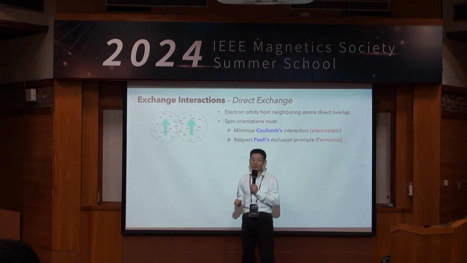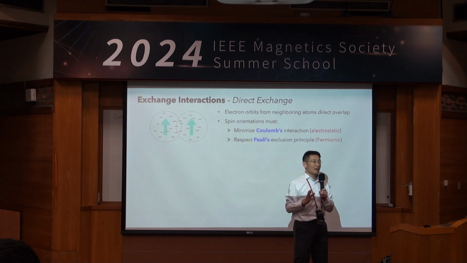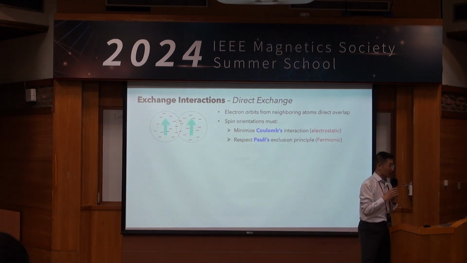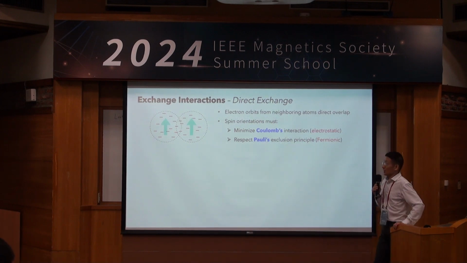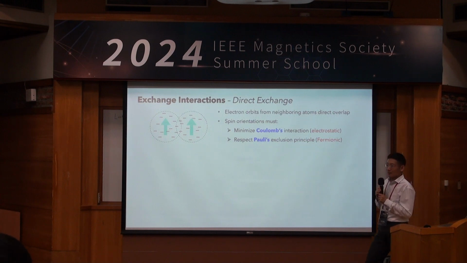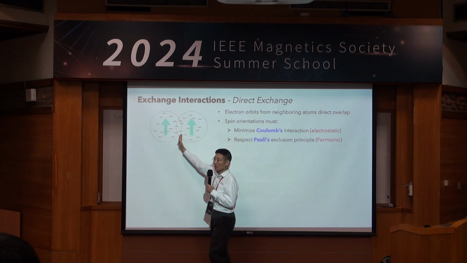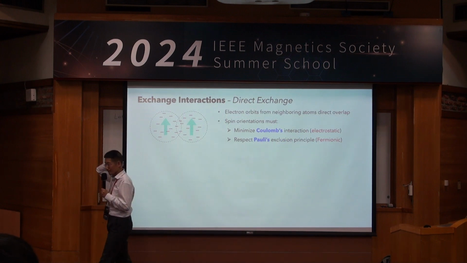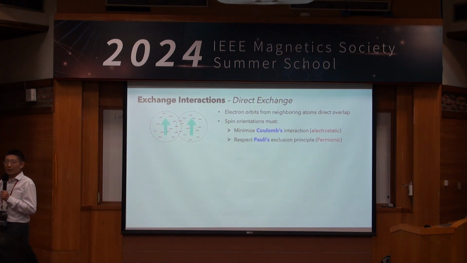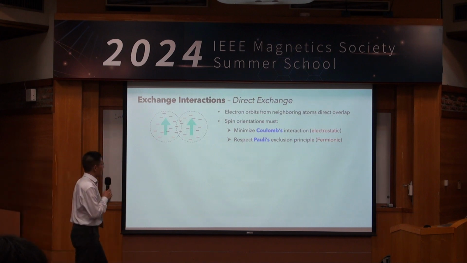And it is the overlapping of the electron wave function that could effectively mediate an interaction between 2 neighboring spins. In other words, the electrons in the overlapping orbit serve as the mediators or messengers between the 2 spins, transmitting their information, making them effectively coupled. So this is a general picture.